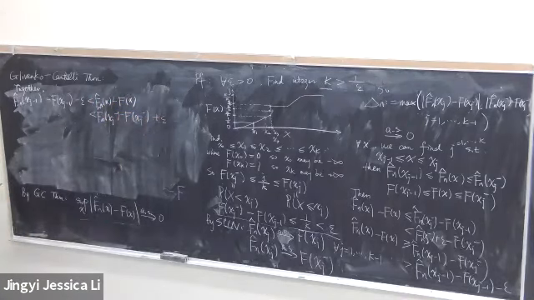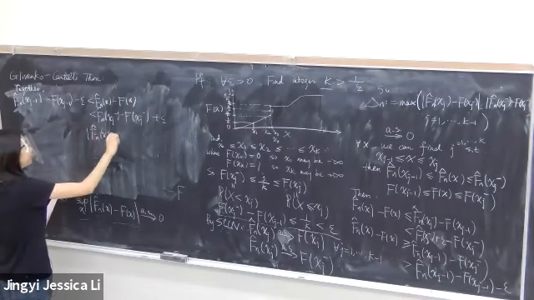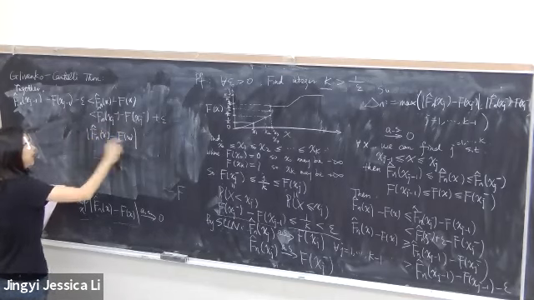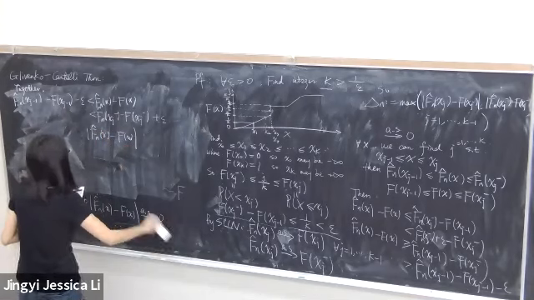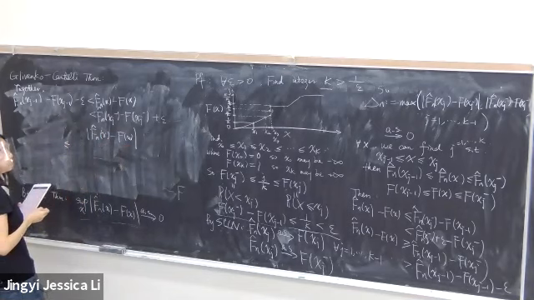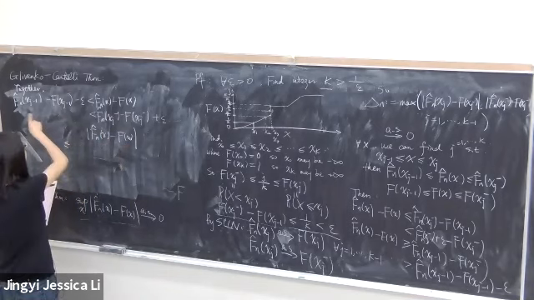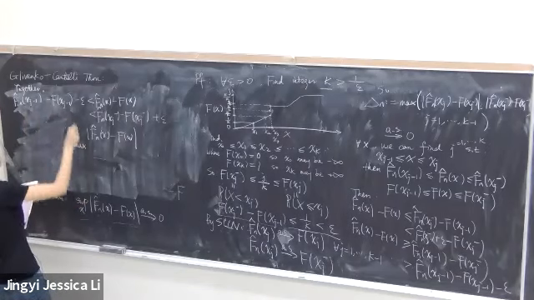Okay, so now what if I take the absolute value for each term? So taking the absolute value, by the triangular inequality, this thing would actually be less or equal than the max of these two things.